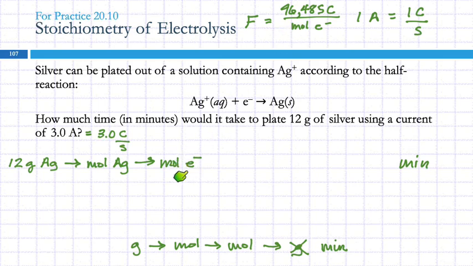So here we've got moles of electrons. Could we go from moles of electrons to coulombs? Yeah, we can just use the Faraday constant. So we can go from moles of electrons to coulombs. Both are a measure of charge. And then this allows us to convert from coulombs to seconds. And then I think we can convert from seconds to minutes.